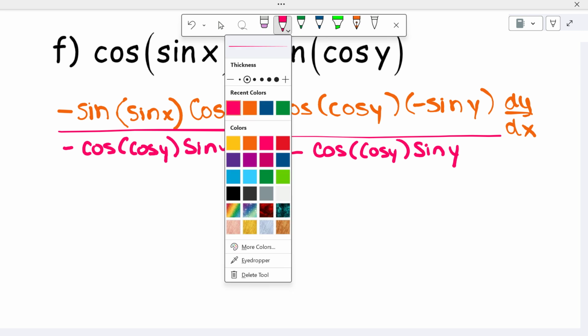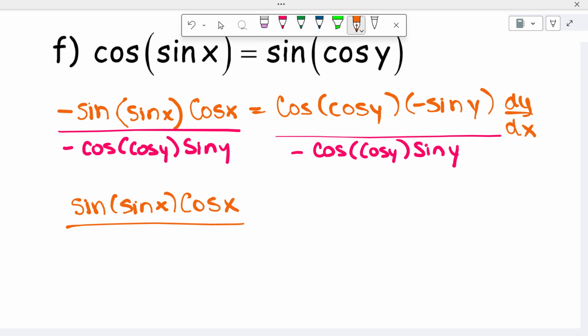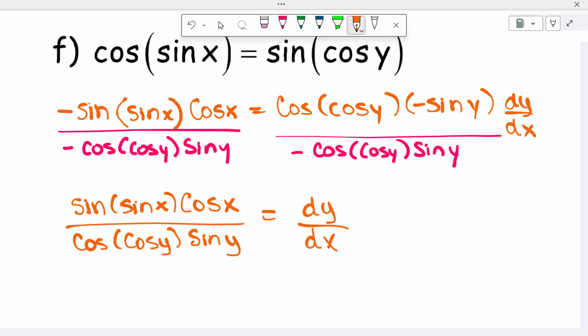The only thing you can do is get rid of the negatives. That's it. Right? So then your final answer would be sine x cos x over cos y sine y equals dy dx.